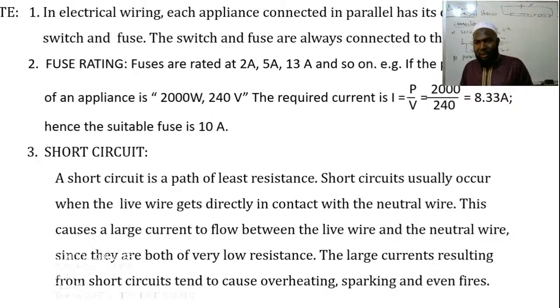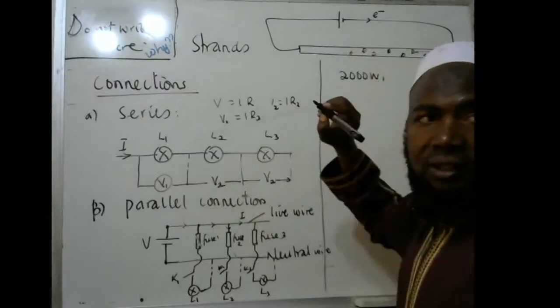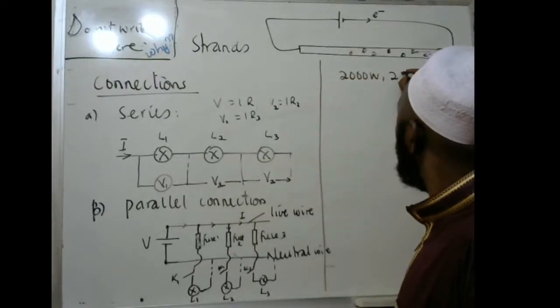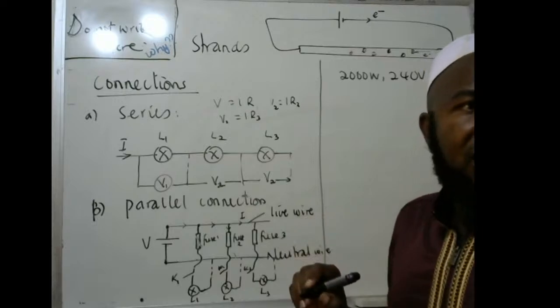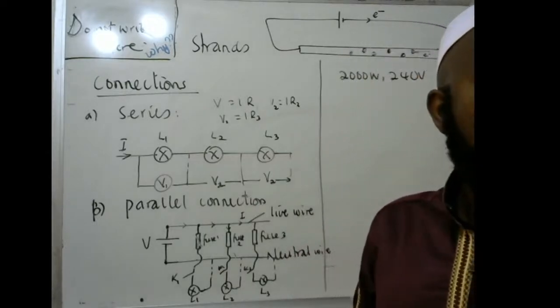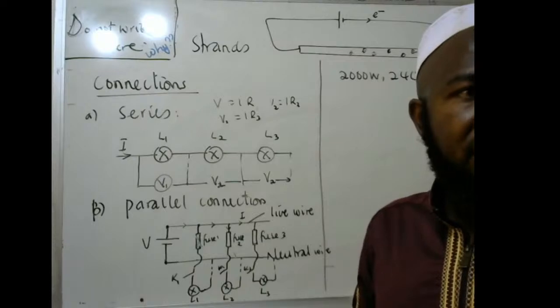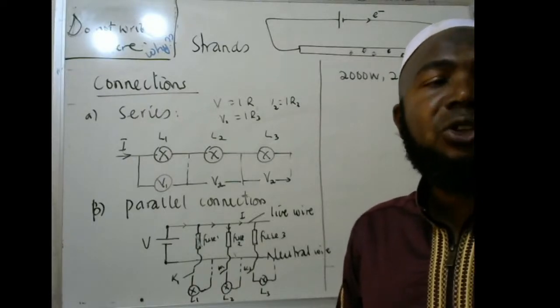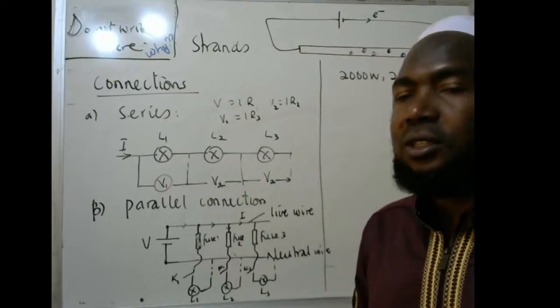through the appliance. For example, if the power rating of an appliance is given by 2000 watts, 240 volts. And then the question is, determine the most suitable fuse for use.